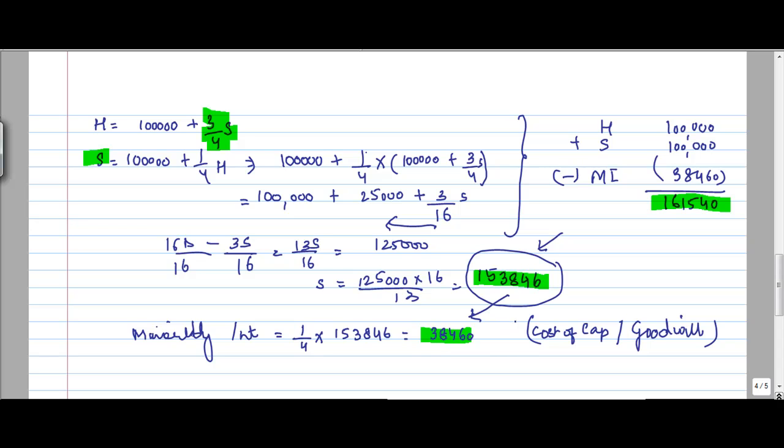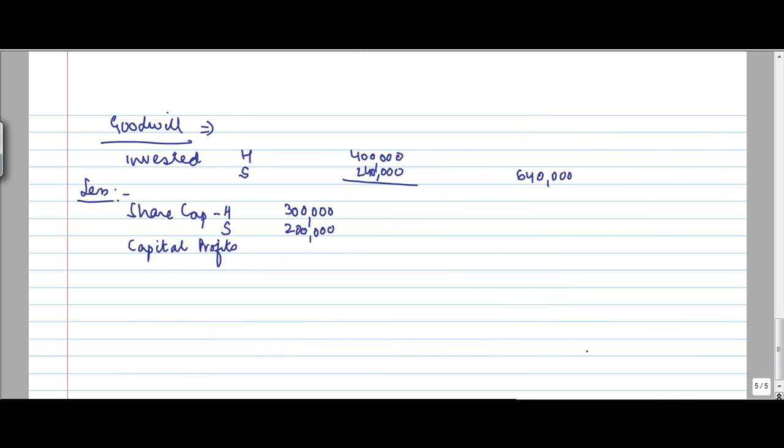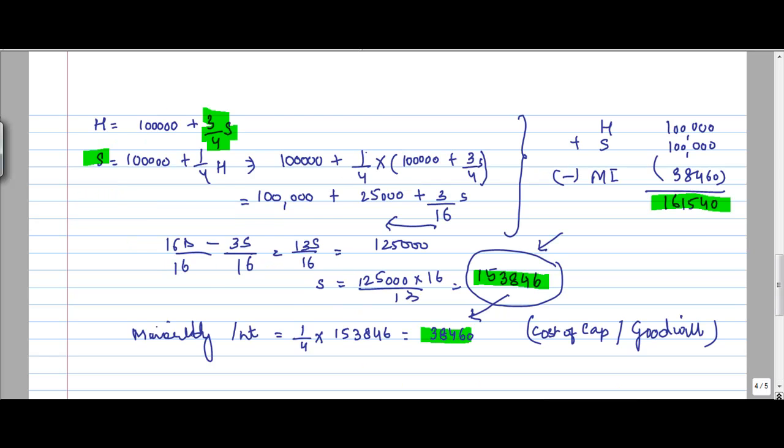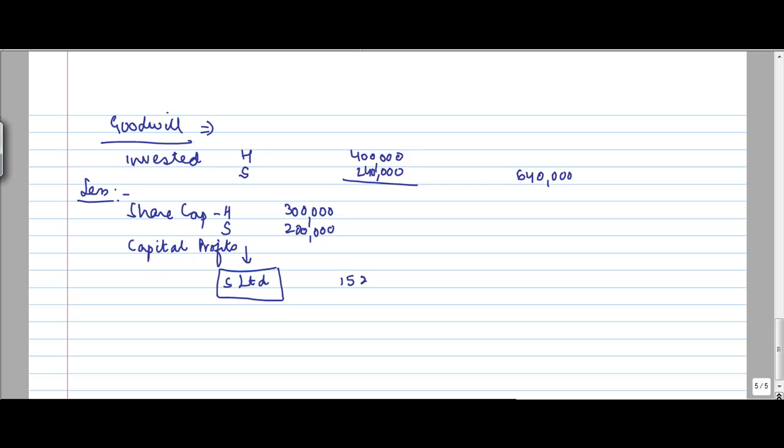So what was the share of H Limited in the capital profits of S Limited? This is basically 153,846, total capital profits of S Limited, less minority interest, 38,460. As I do this subtraction, what do I get?